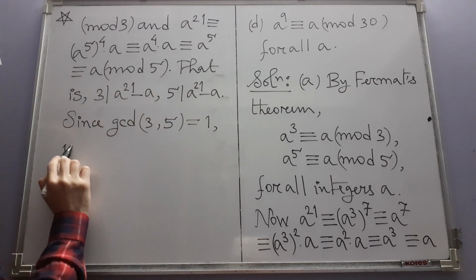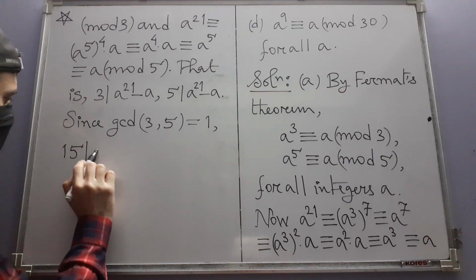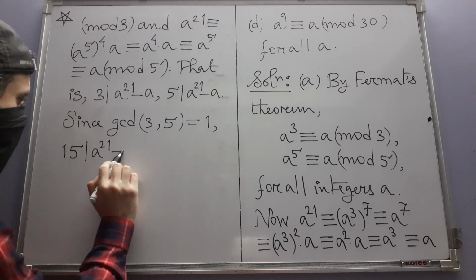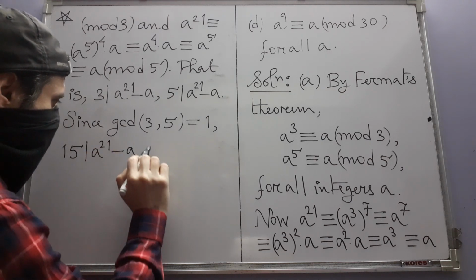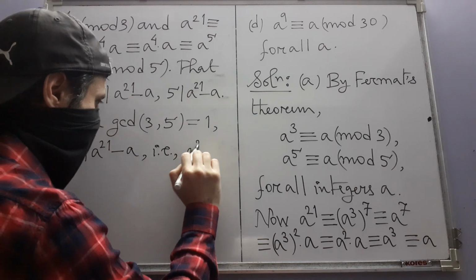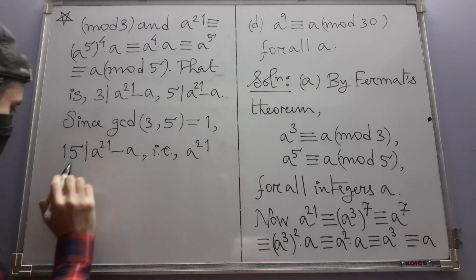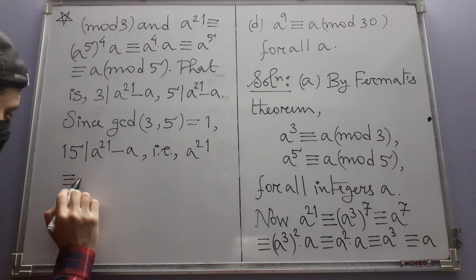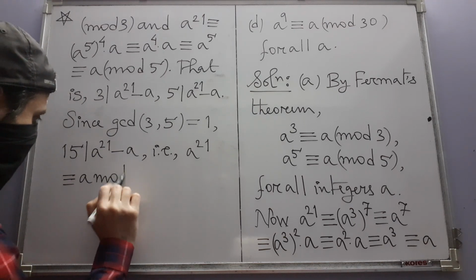That is 15 divides this, i.e. a to the power 21 is congruent to a modulo 15.